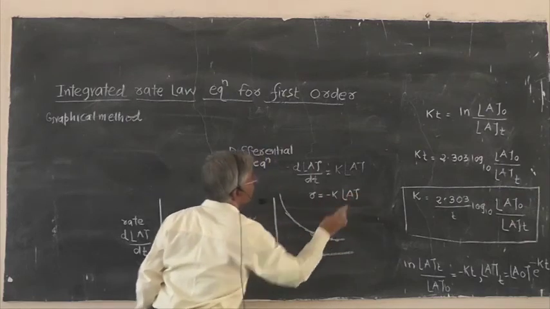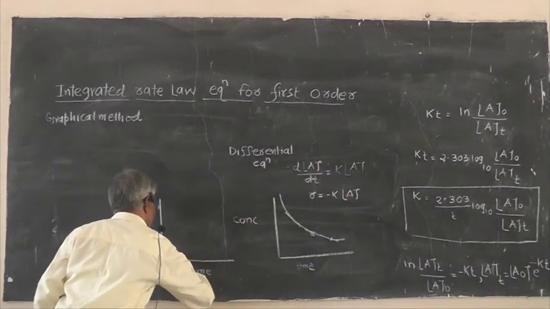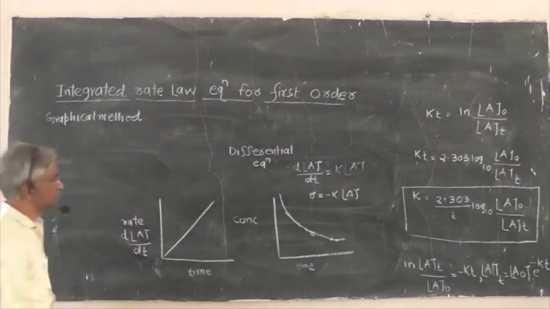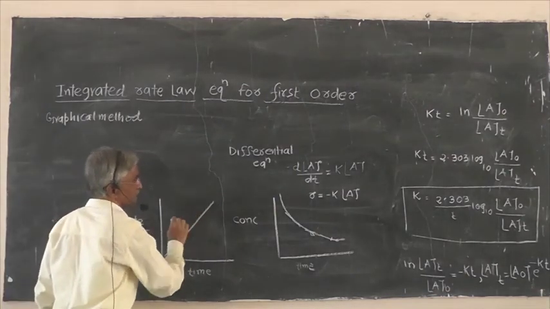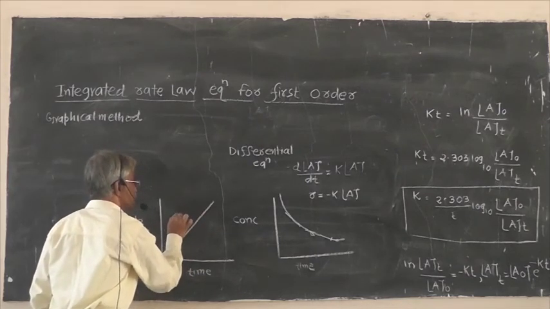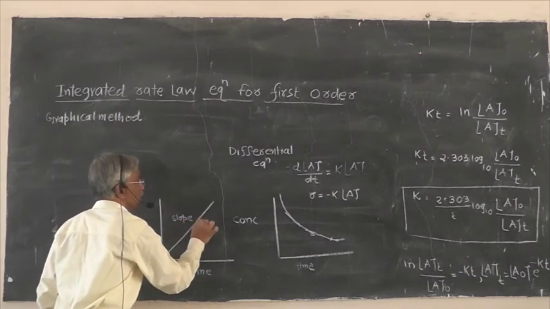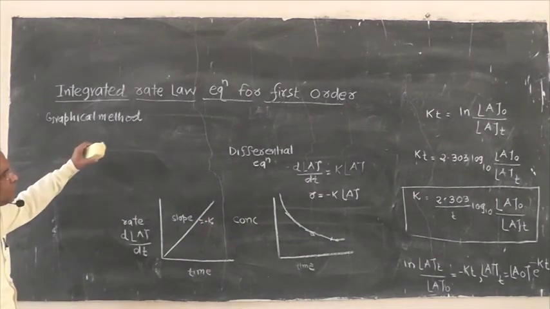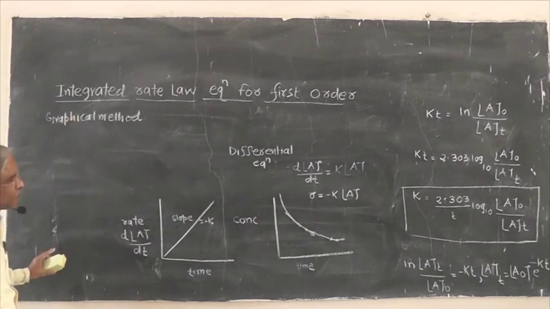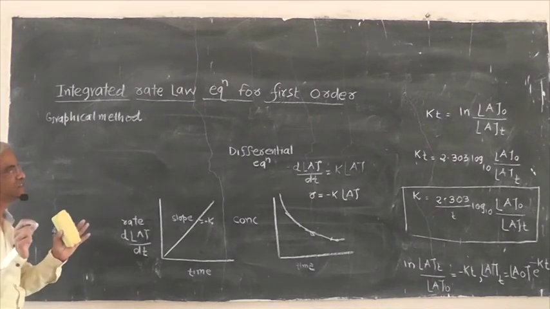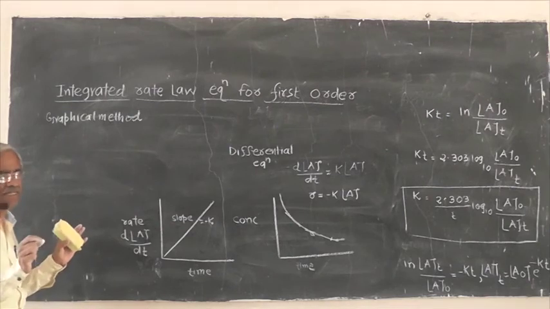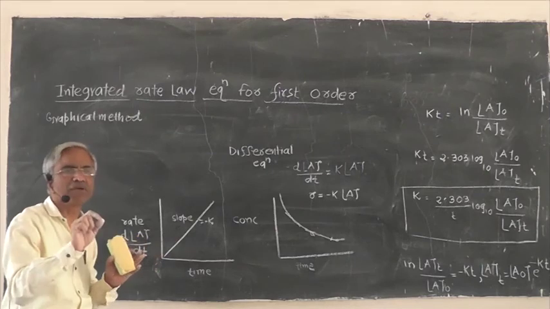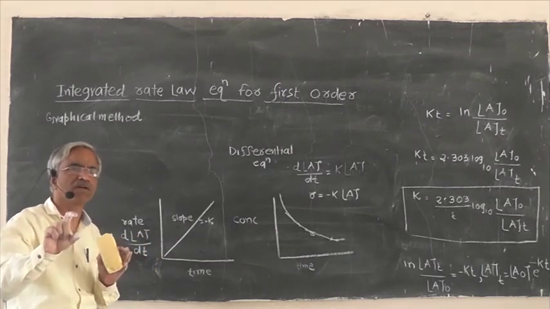So the rate is directly proportional to A, and we can obtain a straight line graph like this. By the differential method also we can understand the first order reaction, and the slope is equal to minus k. Of course, we are actually studying the integrated rate law, but I have put the differential equation in the meantime because we are studying graphical methods to verify the first order reaction.